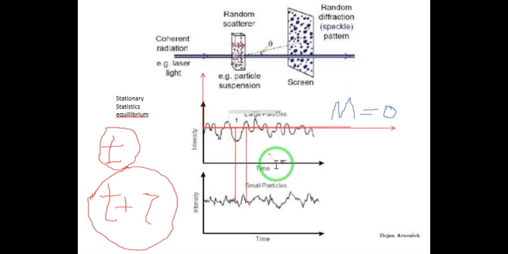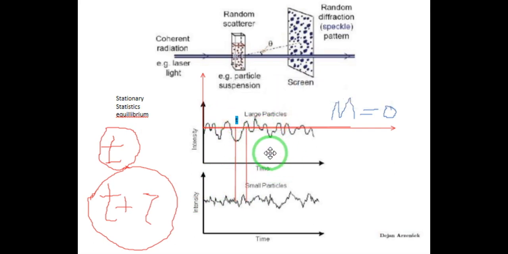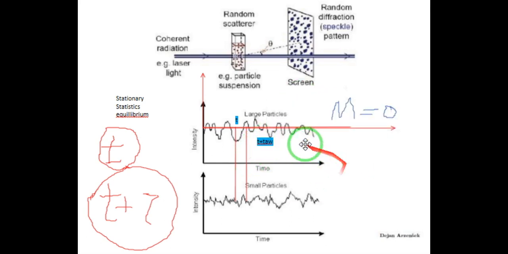Let me write it, time t, and let me highlight it so that you see, and I will consider it as time t plus tau. So you see here that because we have the large particles, the signal at time t and the signal at time t plus tau for this pattern are somehow correlated.